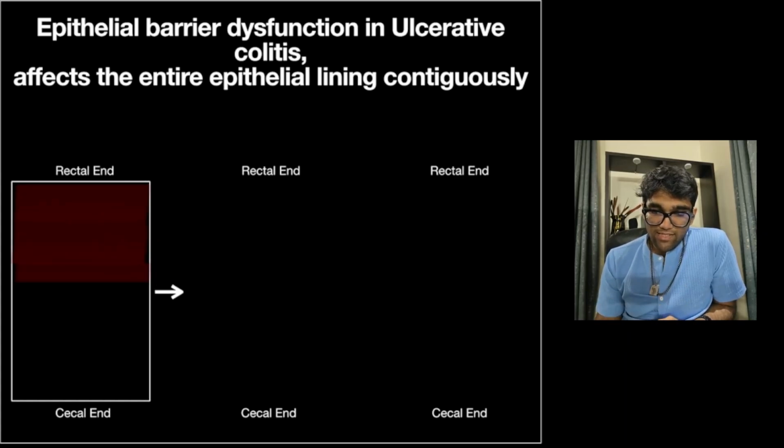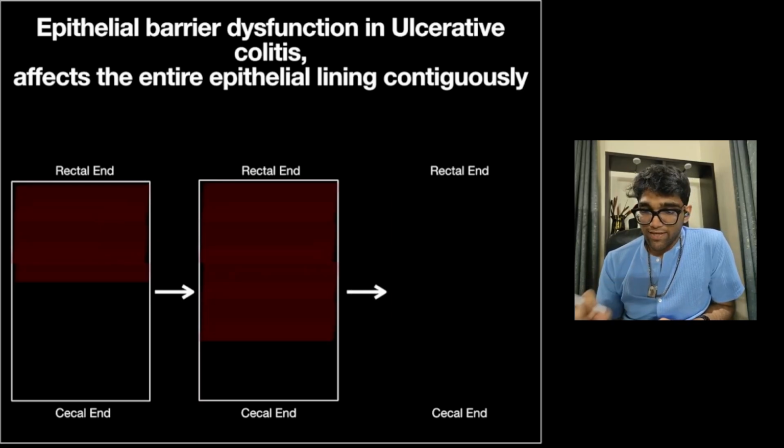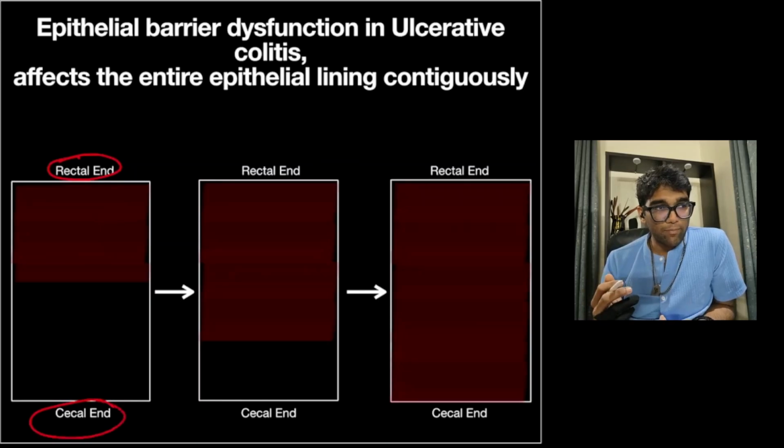And as the disease progresses, the involvement progresses, again contiguously. There is no intestinal sparing in between. Okay. Now, I have shown it from the rectal end going to the cecal end, but the reverse can also happen, because there are two parts of the large intestine where there is fecal storage.